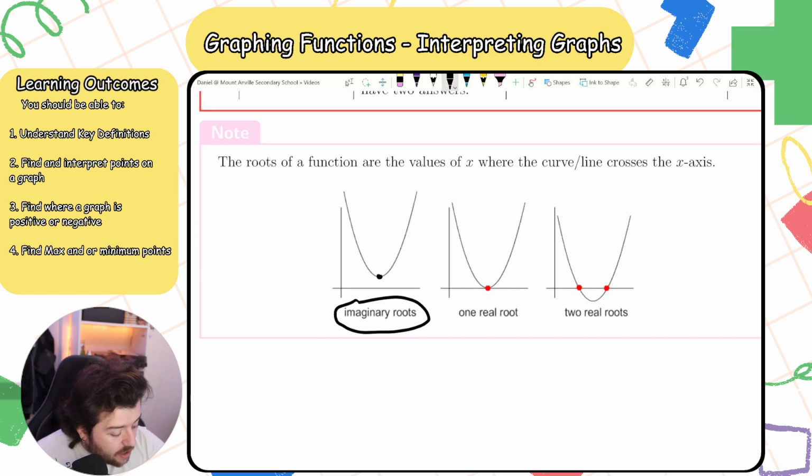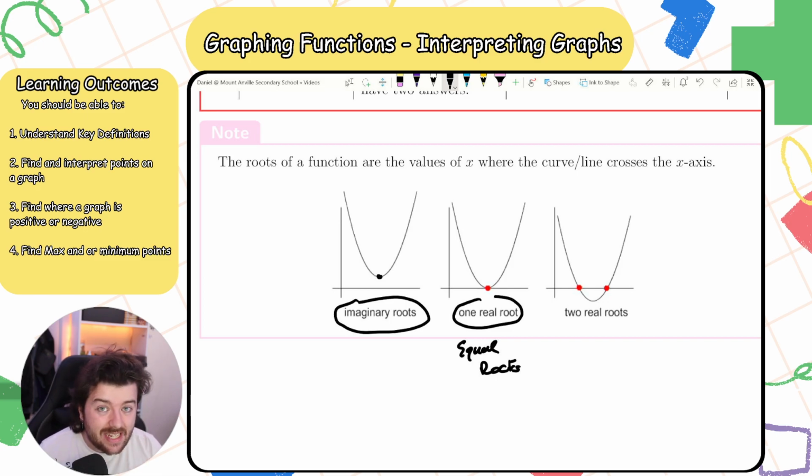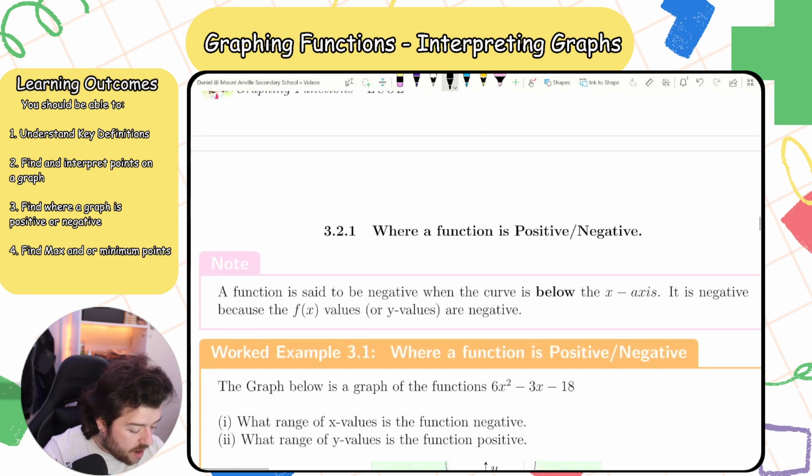If it touches the x-axis once, it only has one real root. We can also call that equal roots. But you don't need to get into too much detail on that in National 5 or Higher level. Same here with imaginary roots. That's more for Leaving Cert, right? And then see here, it passes the x-axis twice, so it has two real roots. That's just something to be aware of.